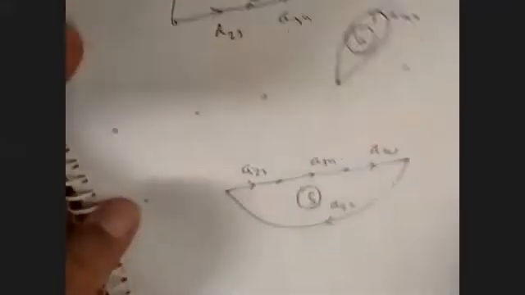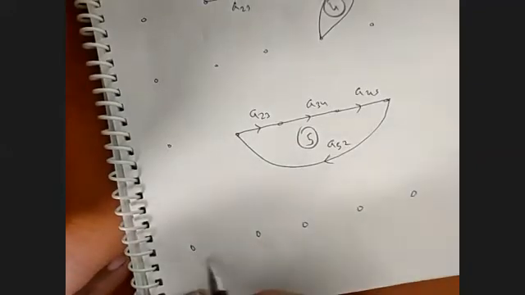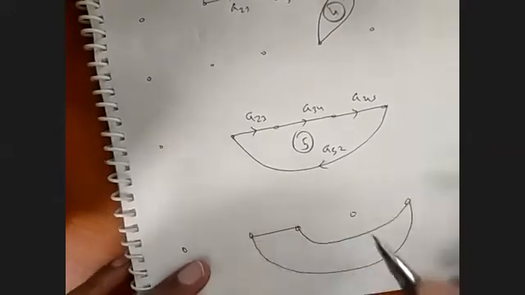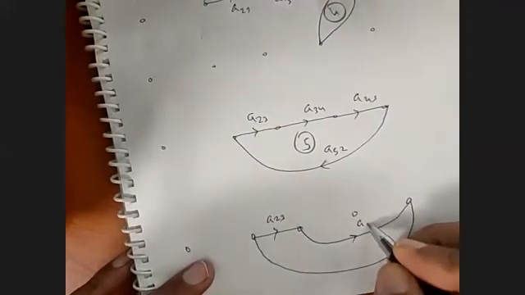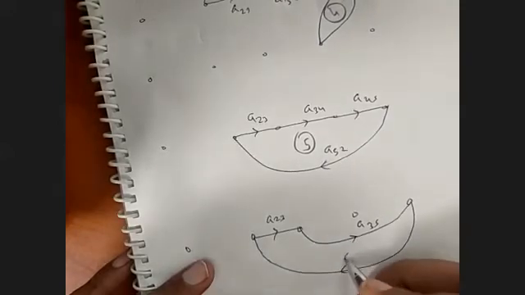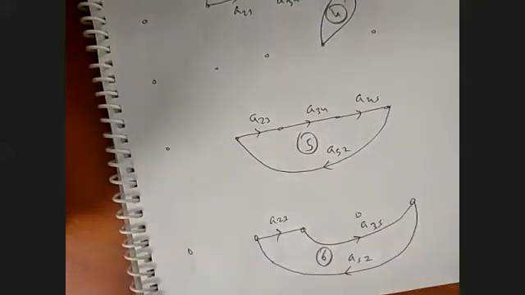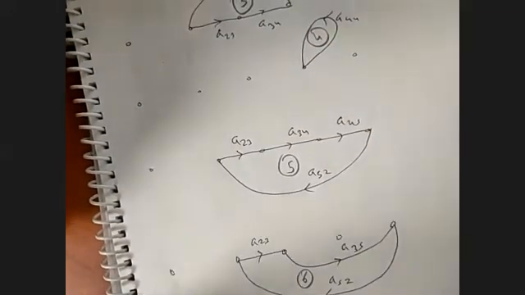And then we will be having another loop that will be A23, A35 and A52. This is my loop number 6. So in this diagram, we have 6 loops which are present in the system. I have drawn all the 6 loops, and similarly, you have to identify all the loops which are present in the system.